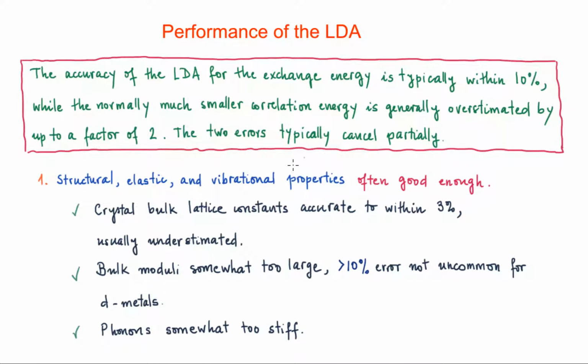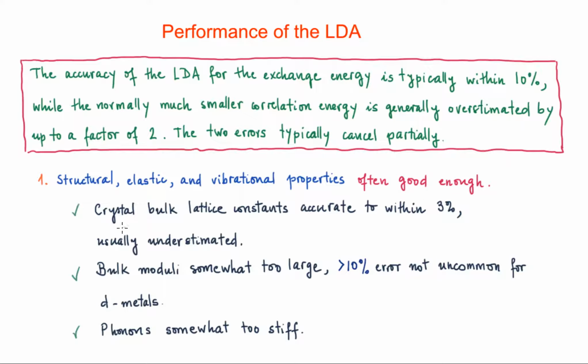But we are going to see different features, different properties, and see how the LDA is doing in analyzing them, because of course the success of the LDA is not the same for all properties. So first, structural, elastic, and vibrational properties are often good enough.